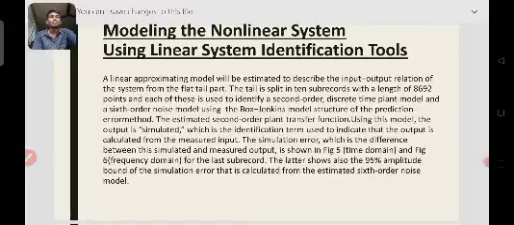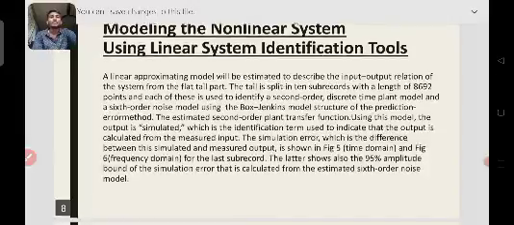A linear approximation model will be estimated to describe the input output relation of the system from the flat tail part. The tail is split into 10 subrecords with a length of 8692 points, and each of these is used to identify a second order discrete time plant model and a sixth order noise model using the Box-Jenkins model structure of the prediction error method.